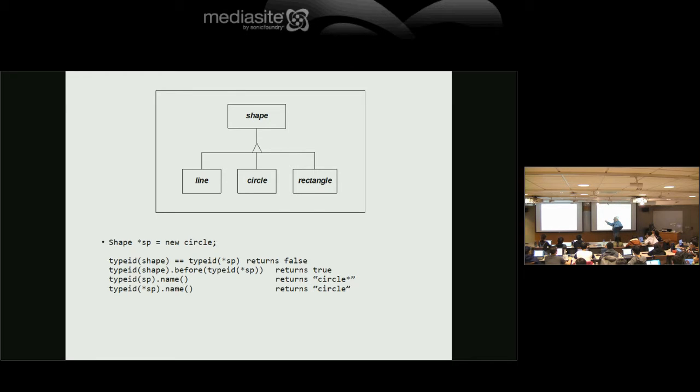Shape pointer SP equals new circle. typeid of shape equals typeid of the contents of SP returns false, because a circle is not the same object as a shape. typeid(shape).before(typeid) returns true. typeid(sp).name returns circle star. typeid of the object pointed at by sp, .name, returns circle. So I'm polymorphically getting the right name.